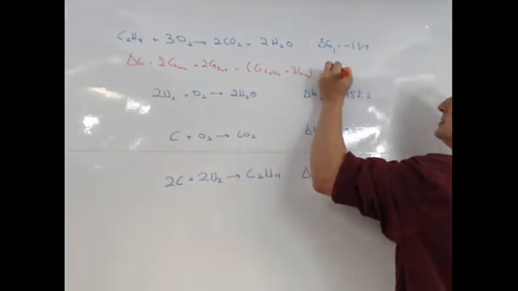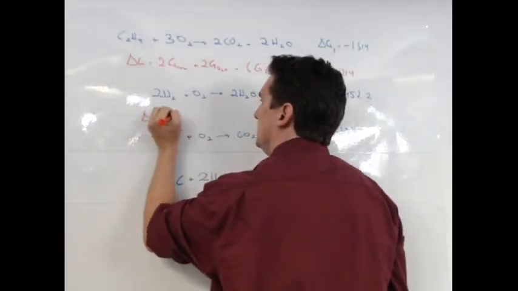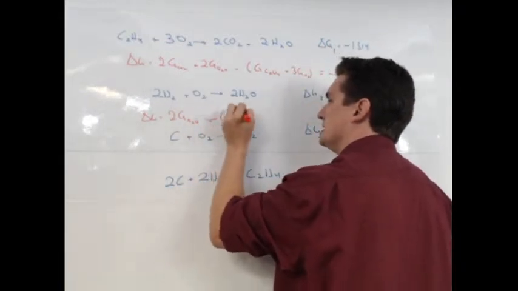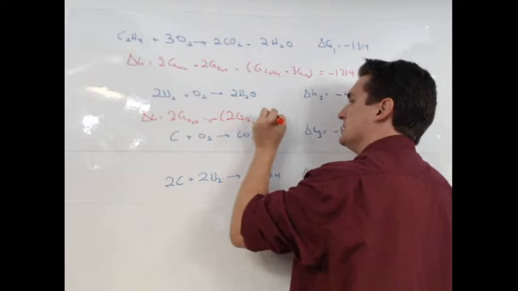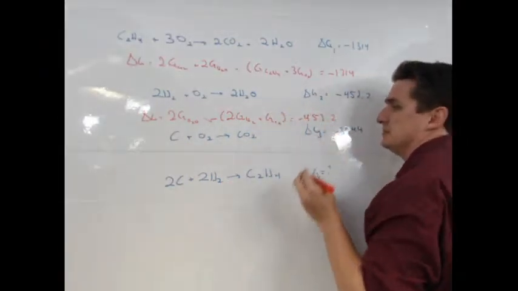And this is going to equal minus 1314. For this, delta G equals twice the Gibbs of H2O minus twice the Gibbs of H2 plus the Gibbs of O2. This is minus 457.2.